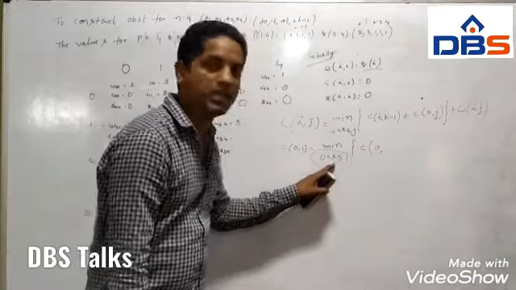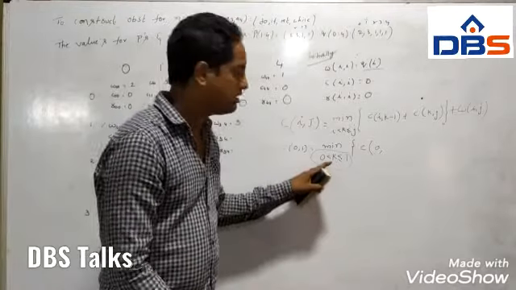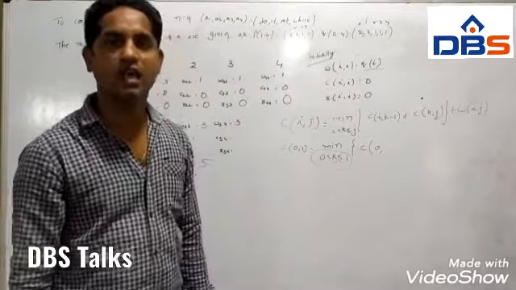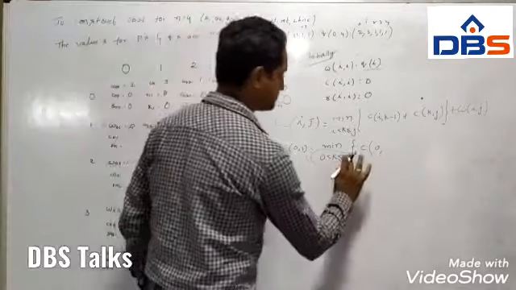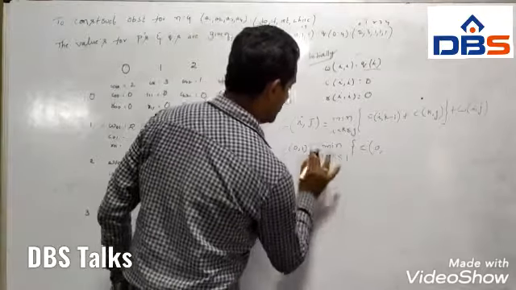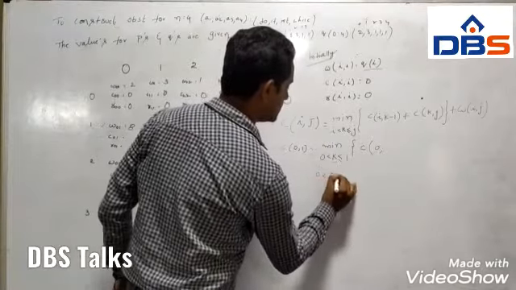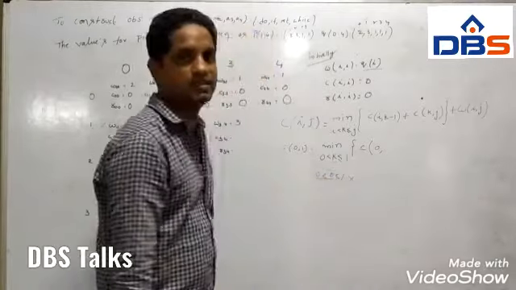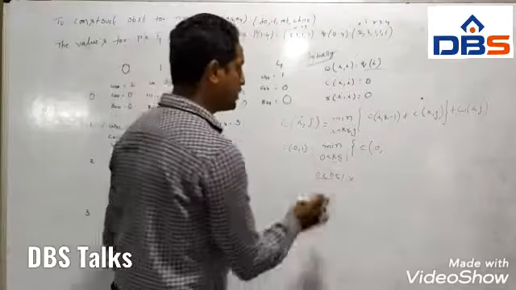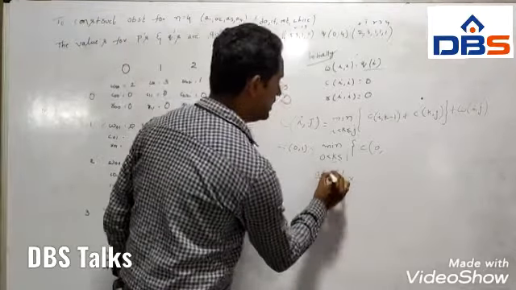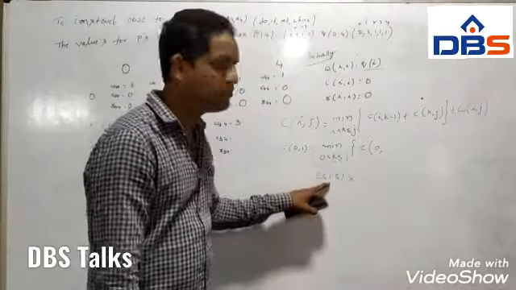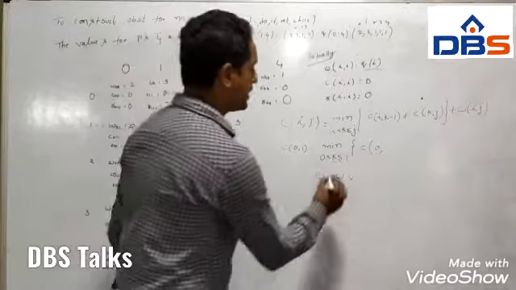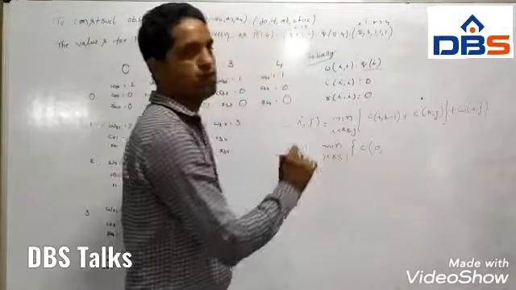Check k equal to 0: 0 less than 0 is not satisfied. So we go for the next value: 0 less than 1 is satisfied and 1 less than or equal to 1 is also satisfied. So we can assign k equal to 1.